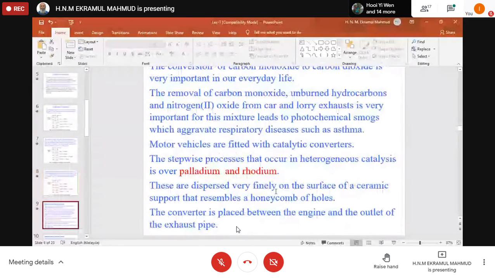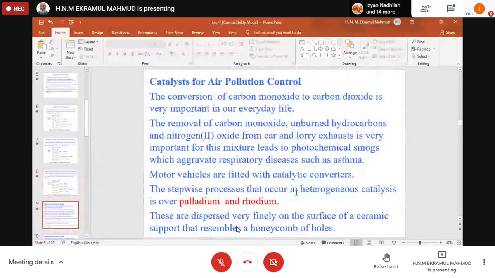Okay, catalysts for air pollution control. The conversion of carbon monoxide to carbon dioxide is very important in our everyday life. Why? Because carbon monoxide is very deadly, very bad for our health. With inhalation, it is absorbed by our blood, that is hemoglobin, and then we cannot survive.